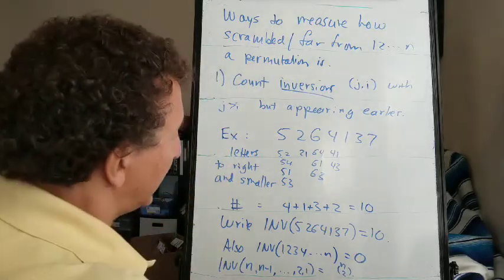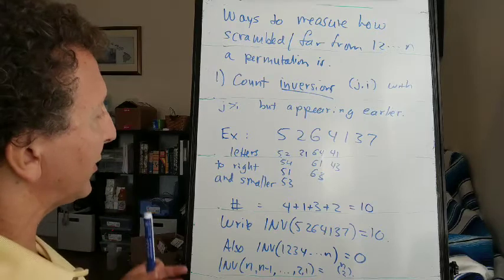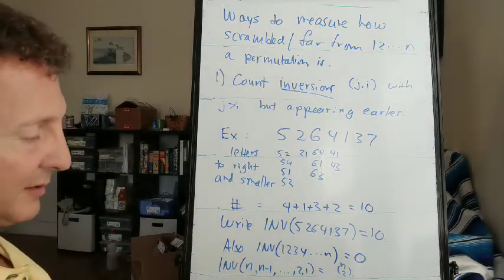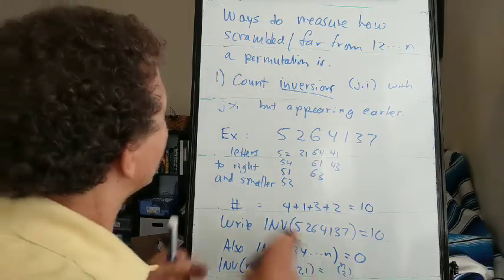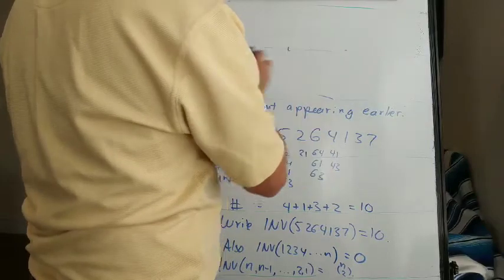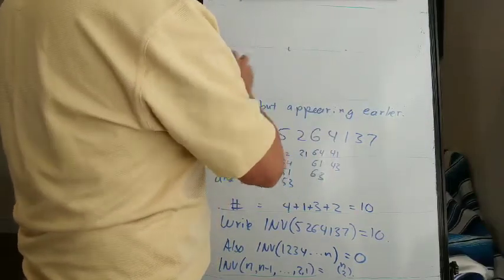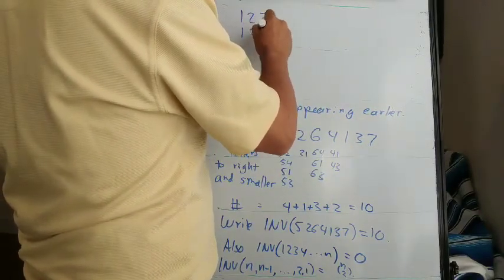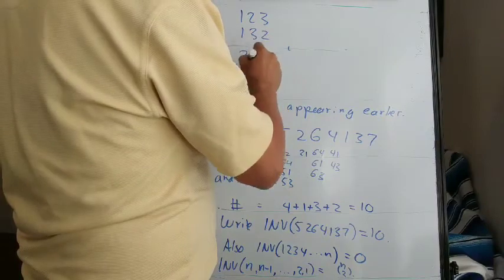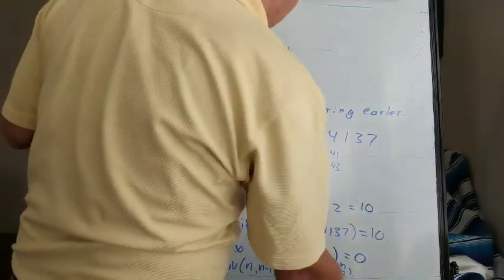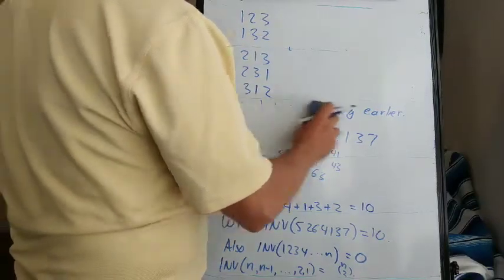Now let's do this for all the permutations in S3 as an example. So we have 1, 2, 3, 1, 3, 2, 2, 1, 3, 2, 3, 1, 3, 1, 2, 3, 2, 1.